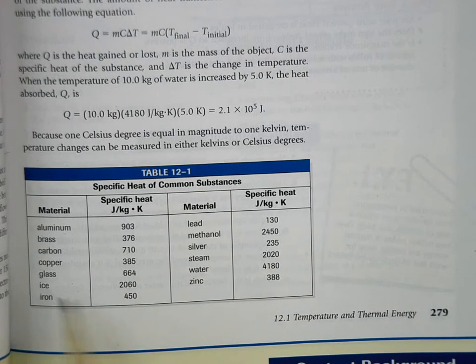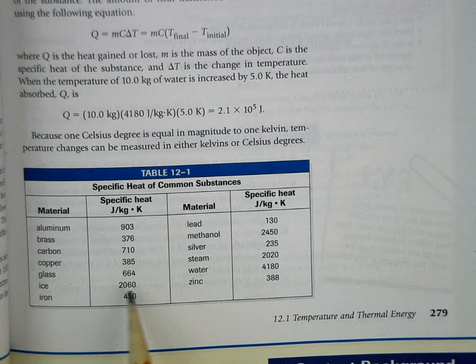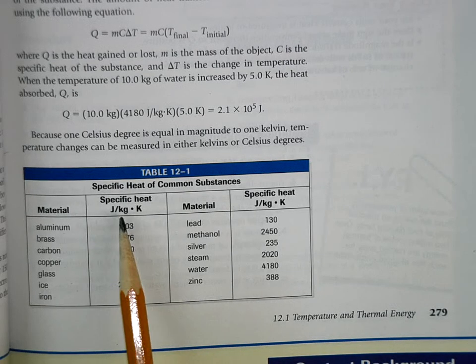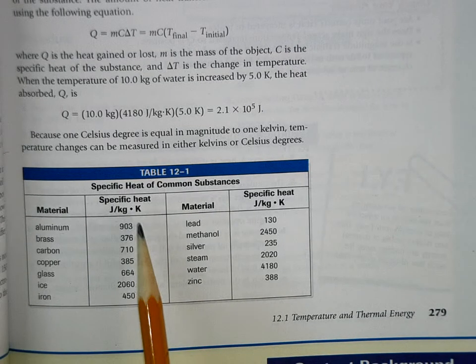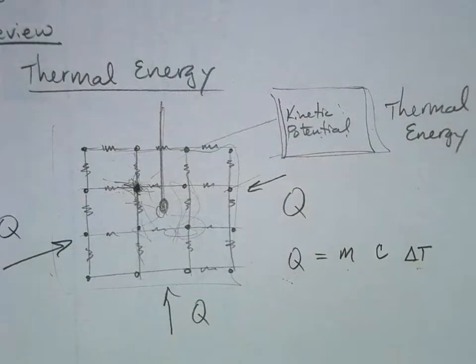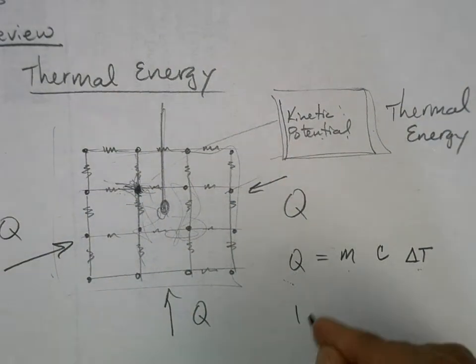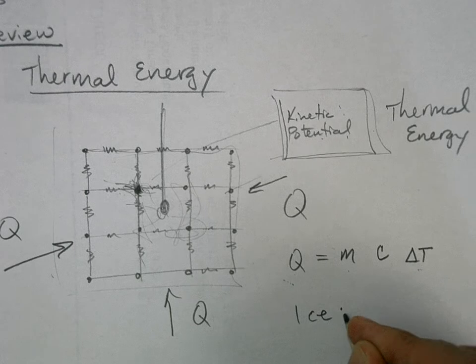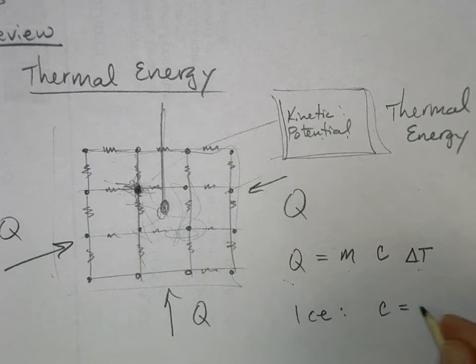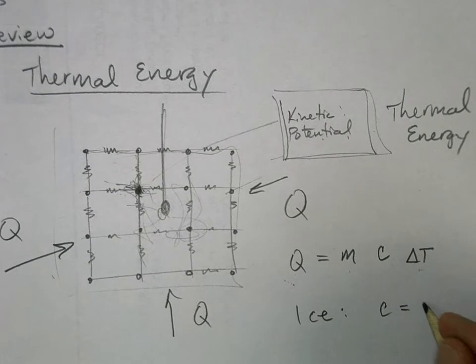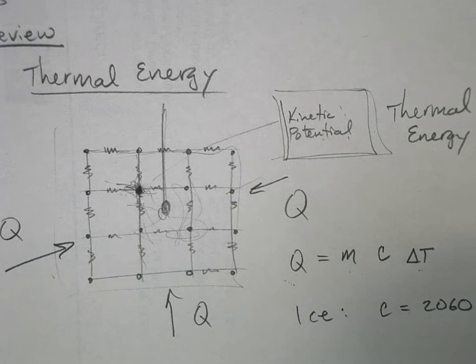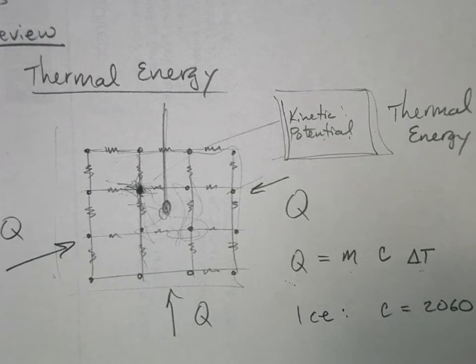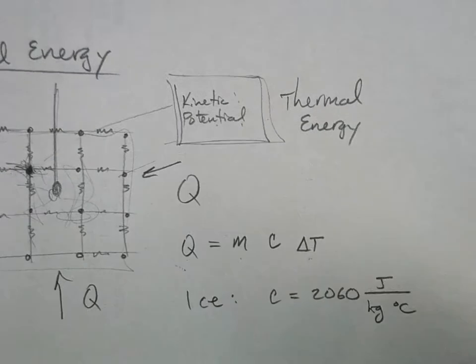But ice has a specific heat of 2060 joules per kilogram degree Kelvin, or degree Celsius. So for ice, C equals 2060 joules per kilogram degree Celsius. Oops. Zoom back out.